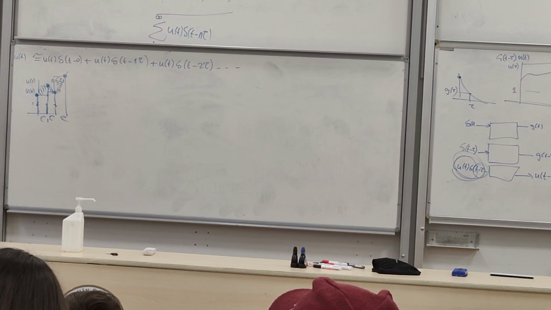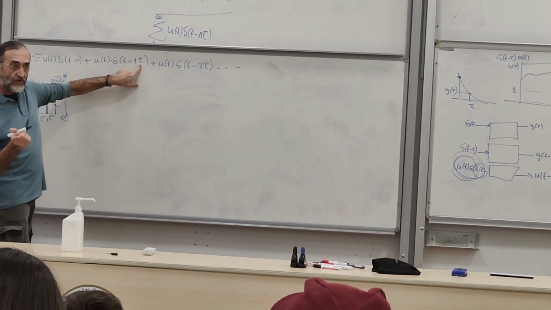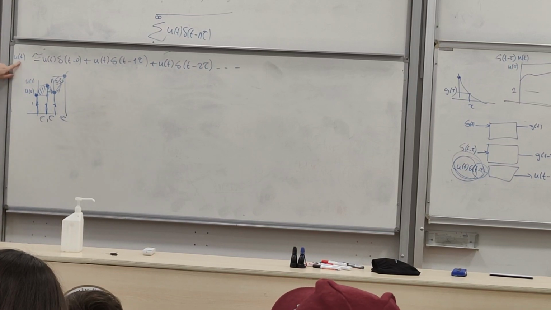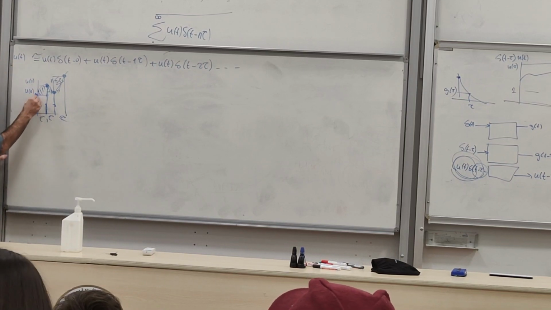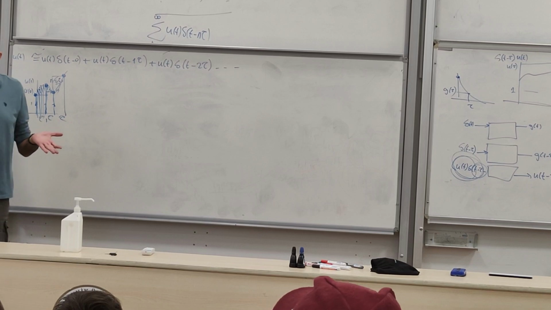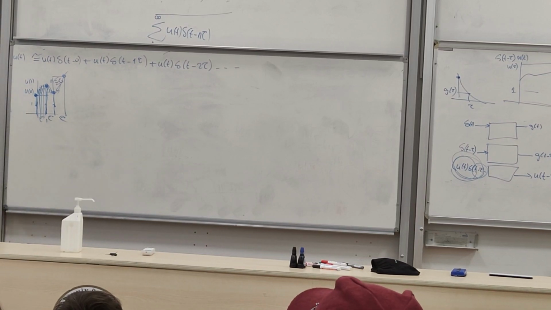But if I take tau to 0 in the limit, then I'm going to have the exact same input, because I will have sampled the system at 0 intervals. Which is not possible, but it is possible in the continuous, in the infinitesimal.